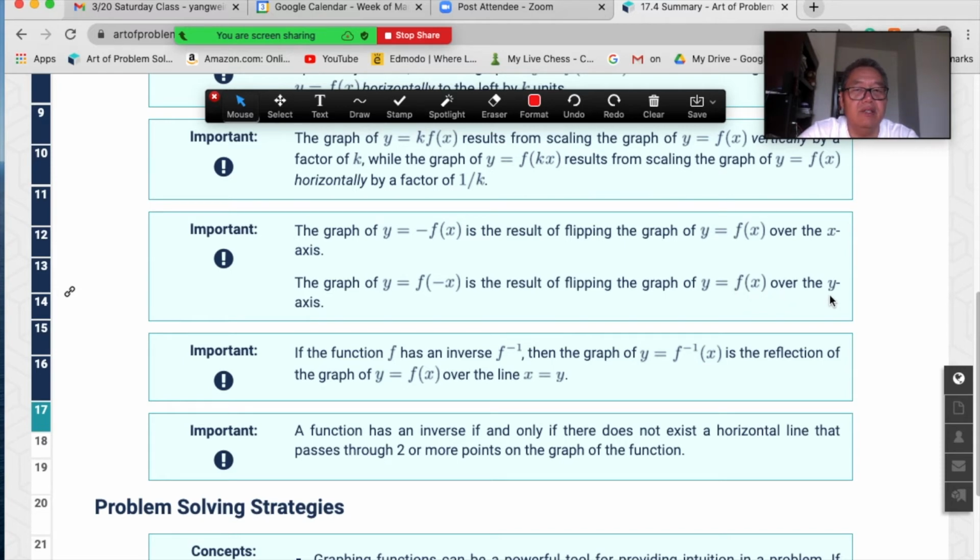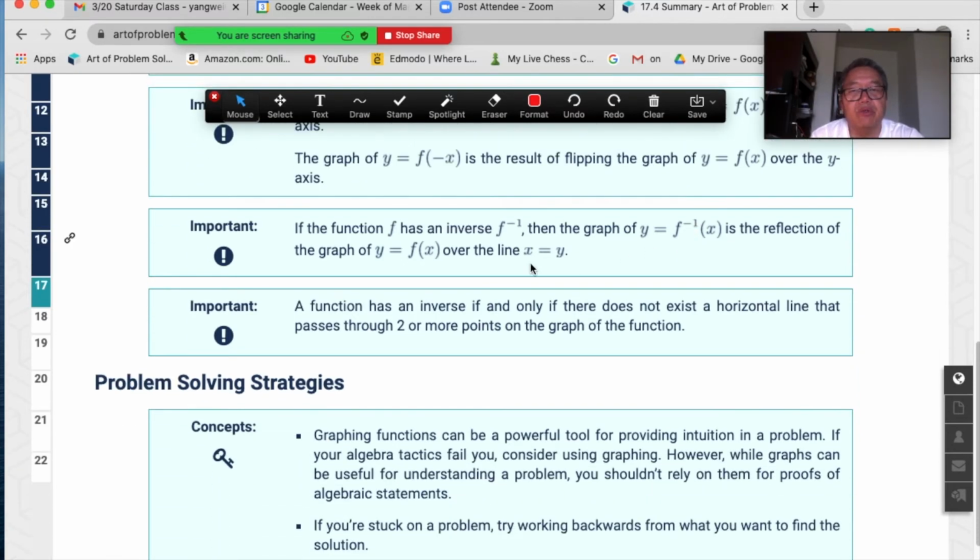Okay? Pay attention to here, okay? If you try to graph y equals f(negative x), you just flip the graph of y equals f(x) over the y-axis. If you try to graph y equals negative f(x), you just need to flip the graph of y equals f(x) over the x-axis.